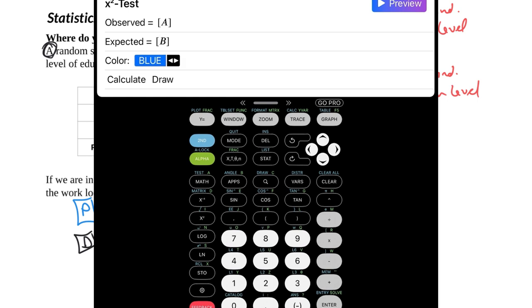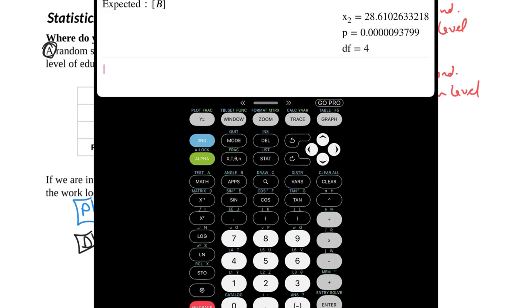I can just rely on the calculator to do that for me. I'm going to calculate, and here's our chi-square with our degrees of freedom and our p-value. So the do step is basically done for us. I want you to notice that really small p-value, and the degrees of freedom of 4.